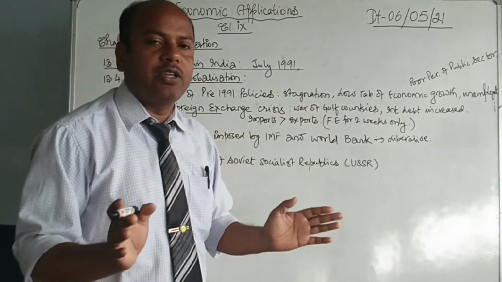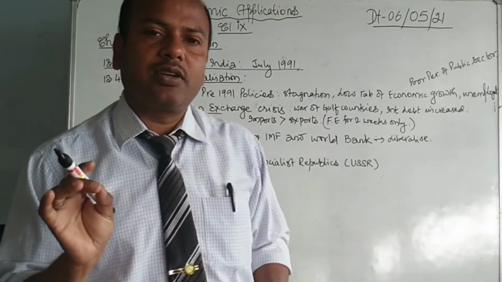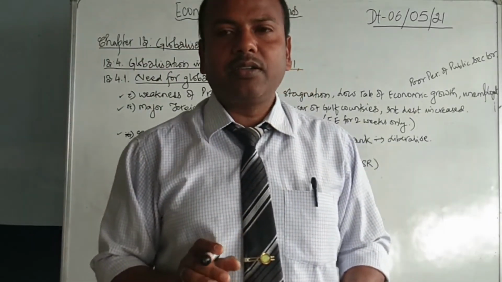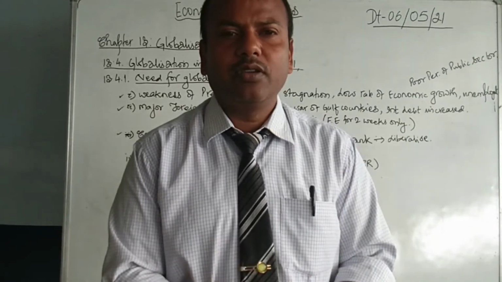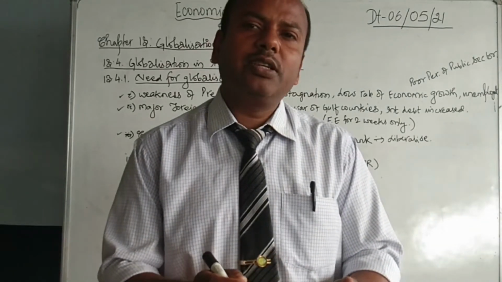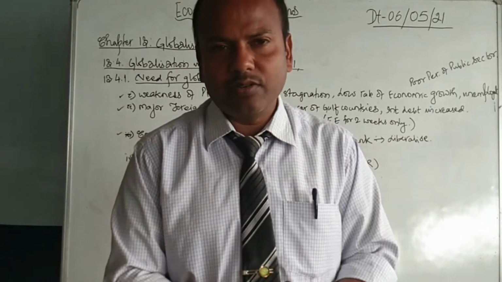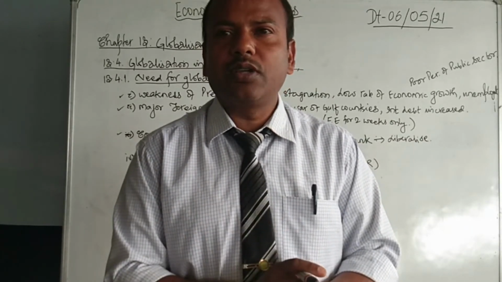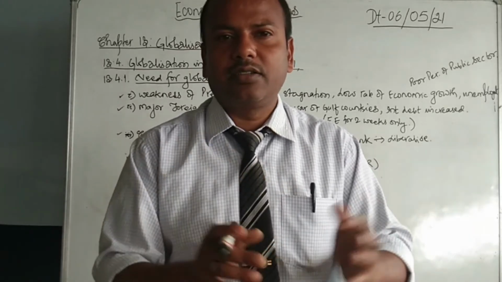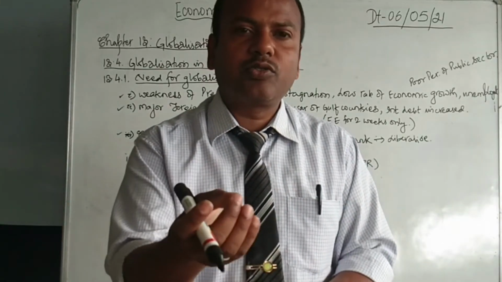So we were falling short of foreign exchange, because we cannot produce everything that we require. India is a big nation. Say some of the commodities may not be possible to produce. Like there are some countries in the world which are landlocked, do not have sea, so they cannot produce salt.